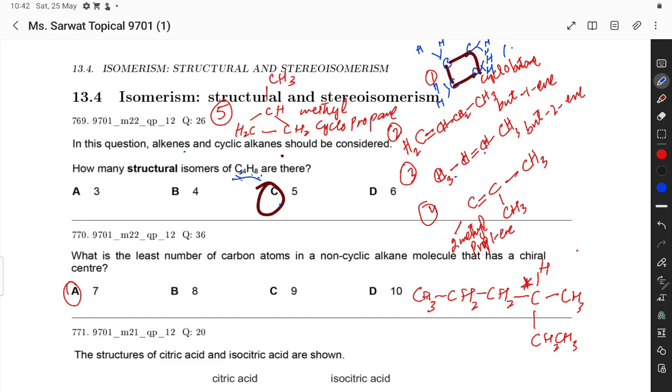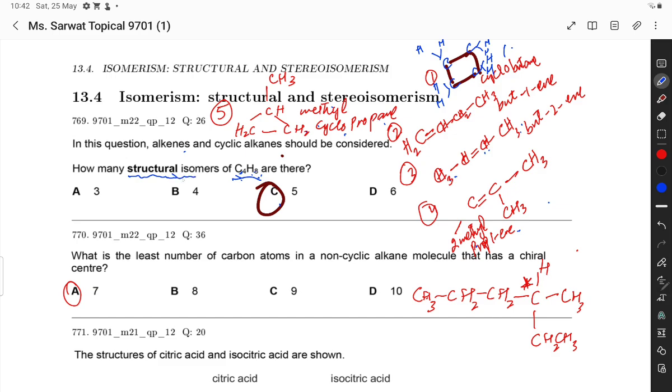One is this, and this is but-1-ene, this is but-2-ene, and this is methylcyclopropane. So how many structural isomers?